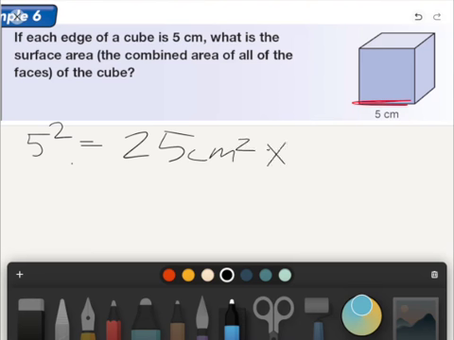Yeah, and then just times that by 6 to get... You want to tell me, Arjun? 150 centimeters squared. I'm surprised they didn't ask a volume question on this, but they did. Okay, I'm going to stop the video, and we're going to get to work on the written practice.